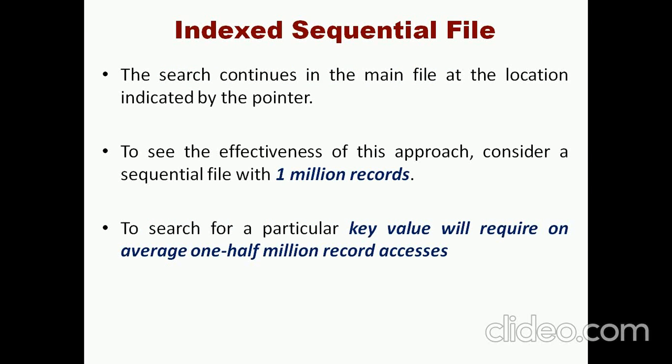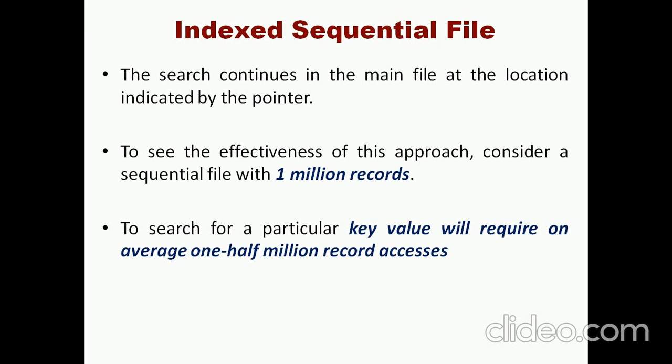So if I want to search 1 million records, assume the size of my sequential file is 1 million records. With the help of the indexed sequential file, the access time with the key value is on average half a million record accesses.